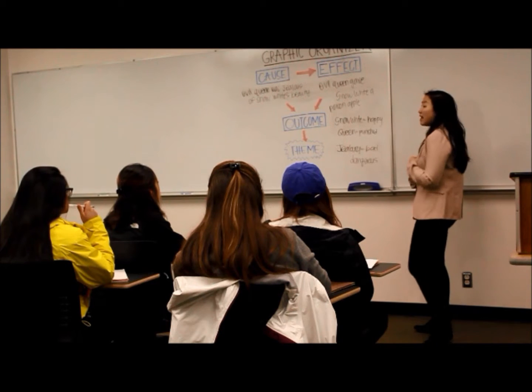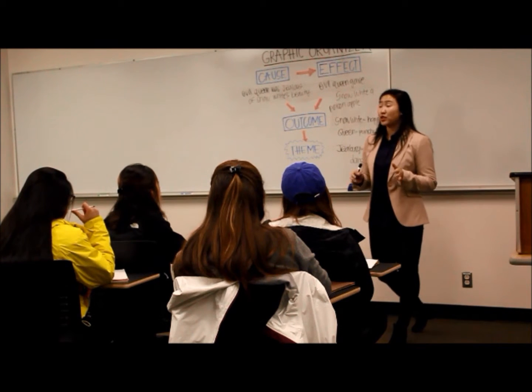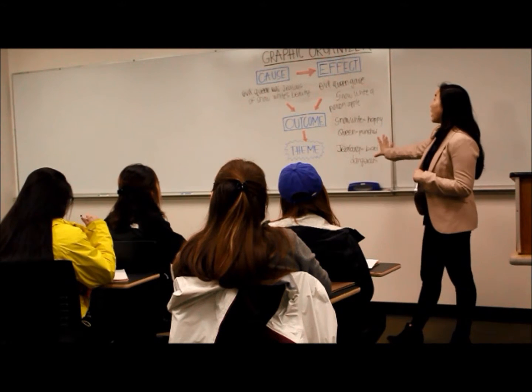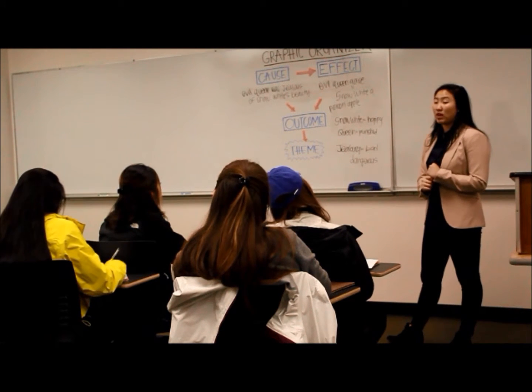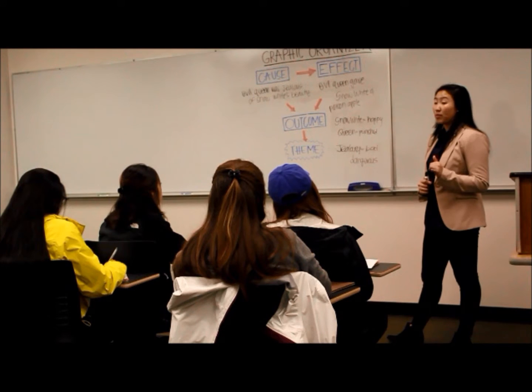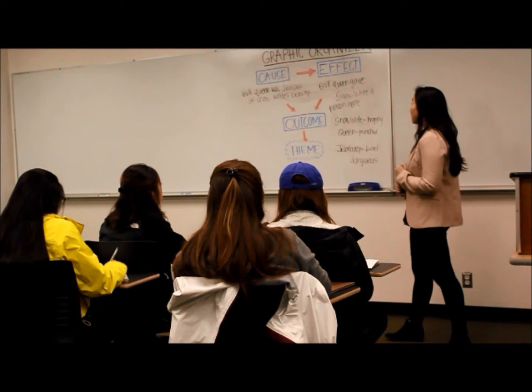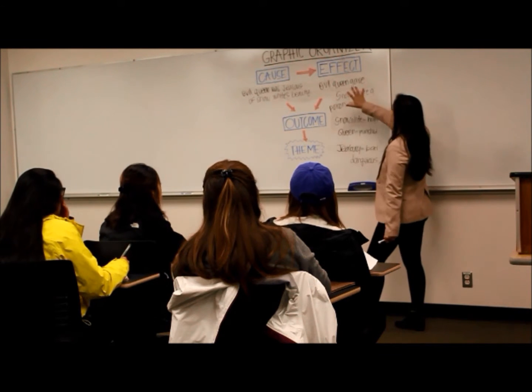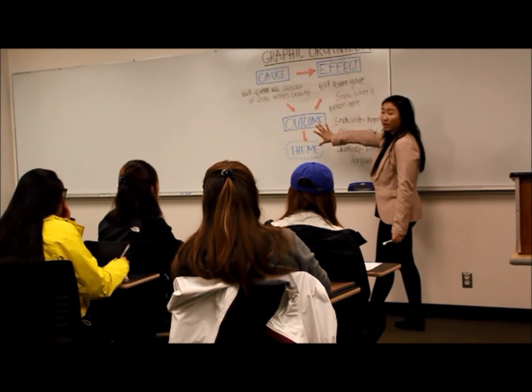Okay, so now I'm going to pair you up into partners. You are going to work with the partner next to you on a cause and effect graphic organizer, but this time I want you to focus on the Romeo and Juliet play. So I'm going to give you the cause, and you and your partner are going to think of the effect and the outcome.